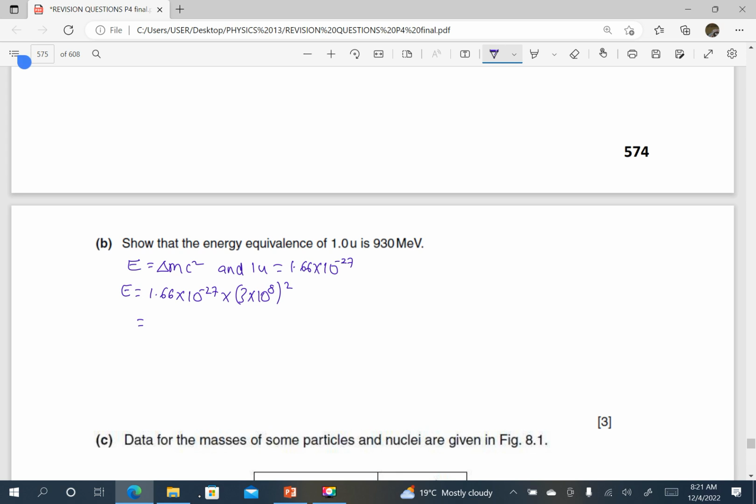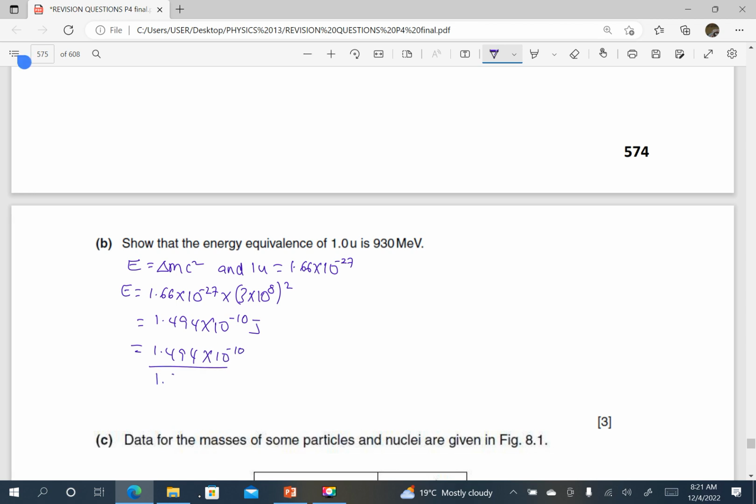So when I press my calculator, this gives me 1.494 times 10 power negative 10 joules, which I want in mega electron volts.